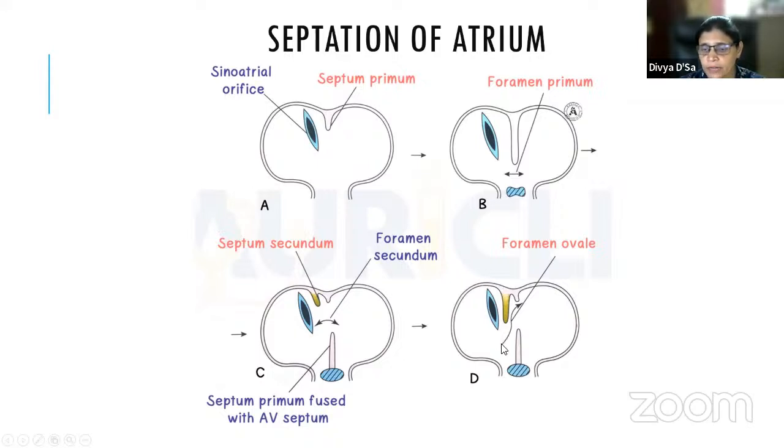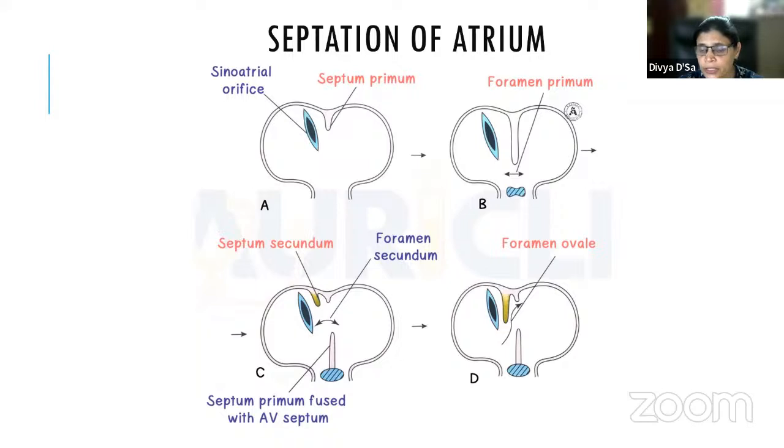So what happens after birth? Soon after the pulmonary circulation is established. What do we mean by pulmonary circulation? Soon after birth, as the newborn is born and takes the first breath, the pulmonary circulation is established.